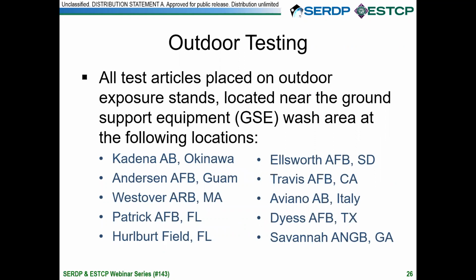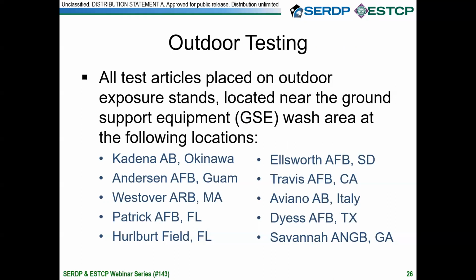The outdoor testing, here's where we're testing at. These were selected based on severity, and I think there's another slide showing what the severities are for each of these. But you can see Kadena, Anderson, probably two of the worst places in the Air Force for corrosion severity, followed closely by Patrick in Florida.